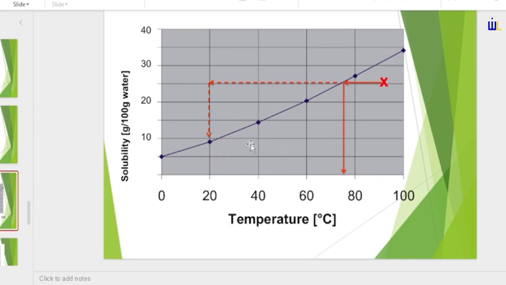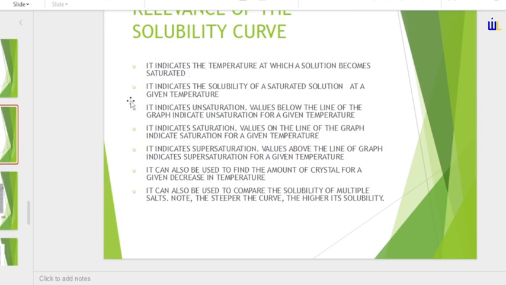Having said this, the next thing we need to take note of are the different importance or relevance of the solubility curve. First off, it indicates the temperature at which the solution becomes saturated. Now, I hope you already know that anytime you are dealing with a saturated solution, the concentration of the saturated solution is the same thing as its solubility.